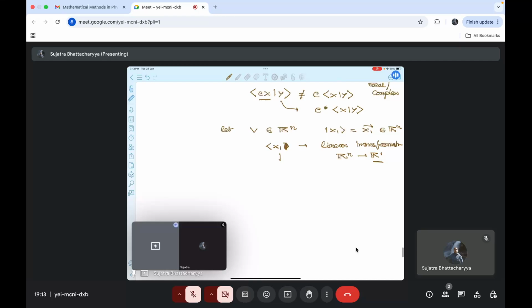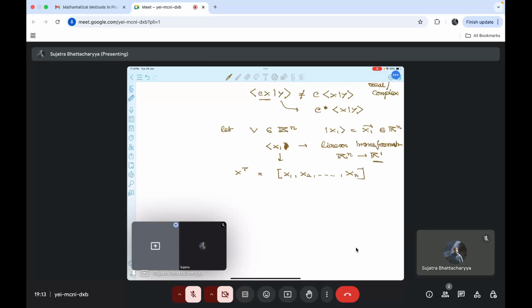This is what is important, and what it will do is just like this: x1, x2, so on up to xn. Originally it will be nothing but x transpose. If it is real, then it is x transpose. If it is complex, it will be the conjugate transpose, Hermitian kind of.